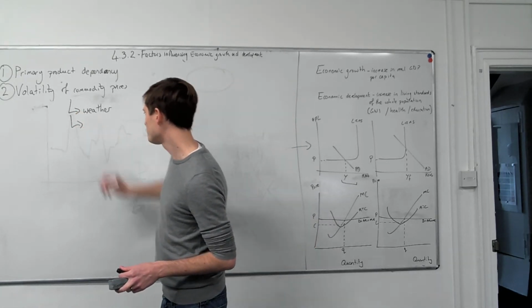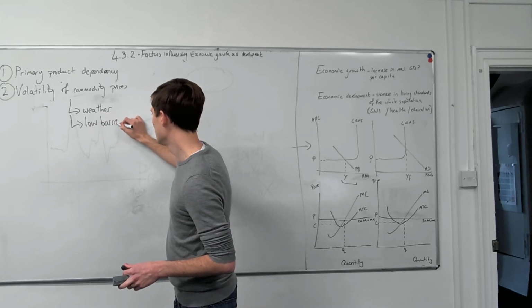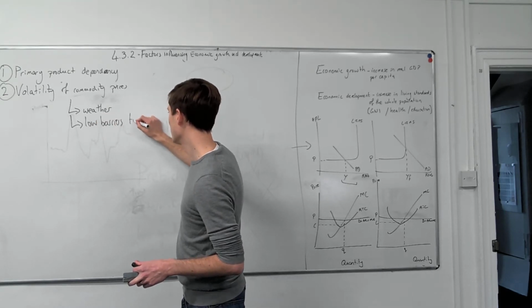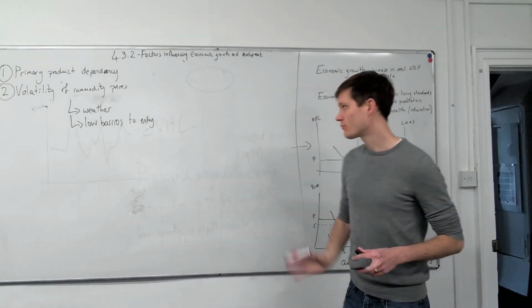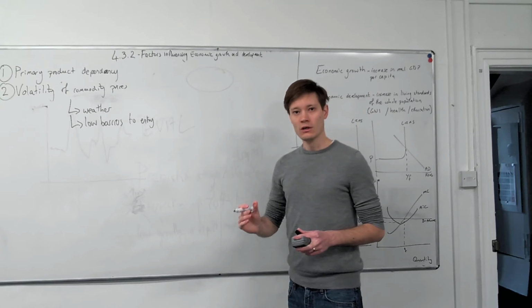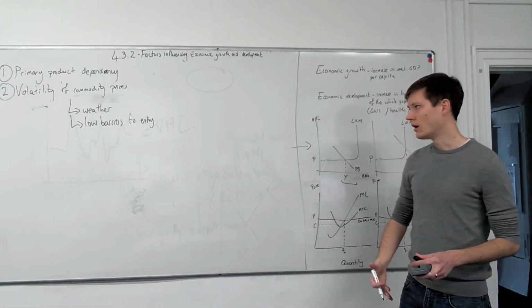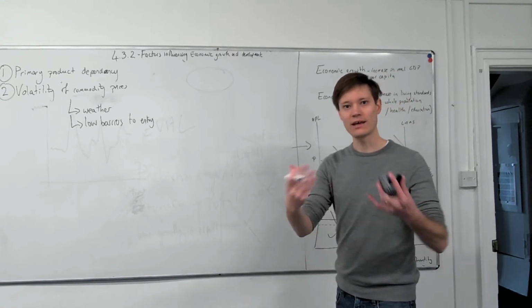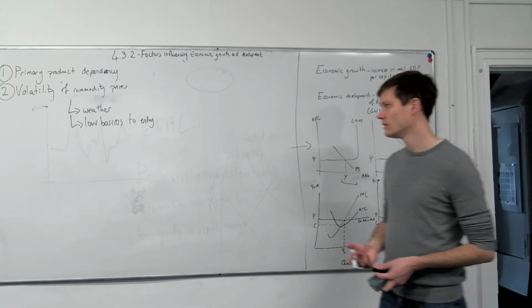You're going to see also low barriers to entry. Pretty much anyone can produce a lot of these agricultural goods. And so if the price of those goods rises, you're likely to see a lot of people coming into the industry, dropping prices again. You're going to see a lot of excess supply and then excess demand, and it's a very volatile industry because of that.